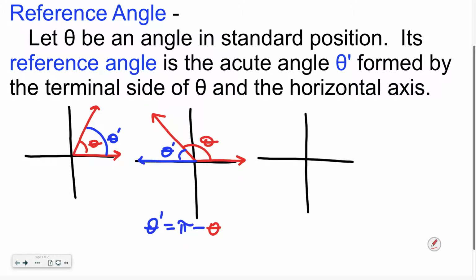If we were in the third quadrant, remember we're always going back to the x-axis so that we have an acute angle. So there would be our reference angle. In radians, how would we calculate this one?